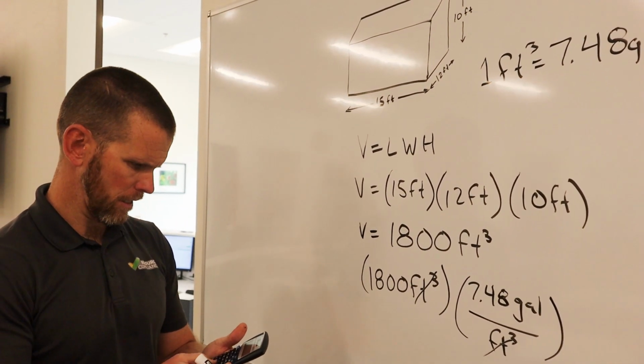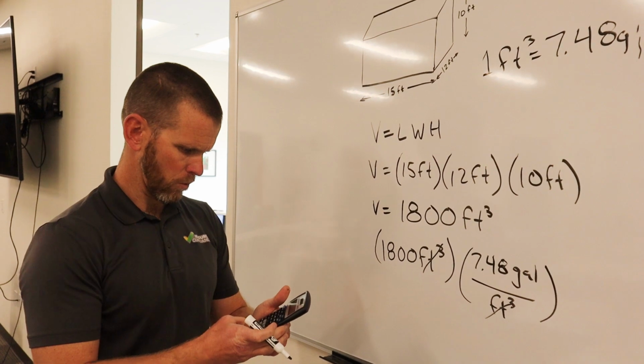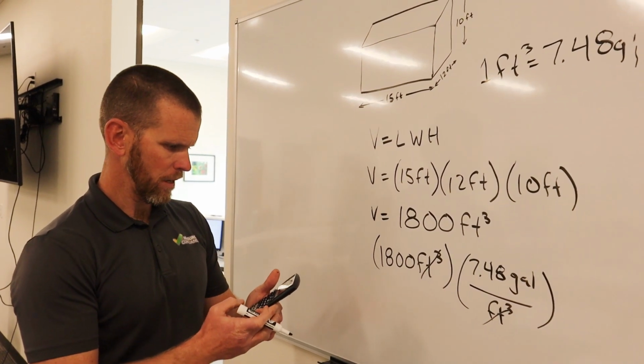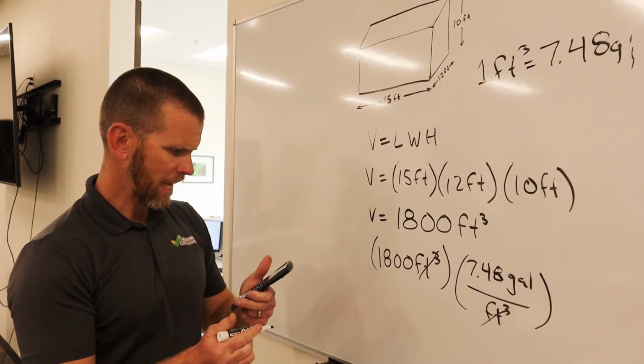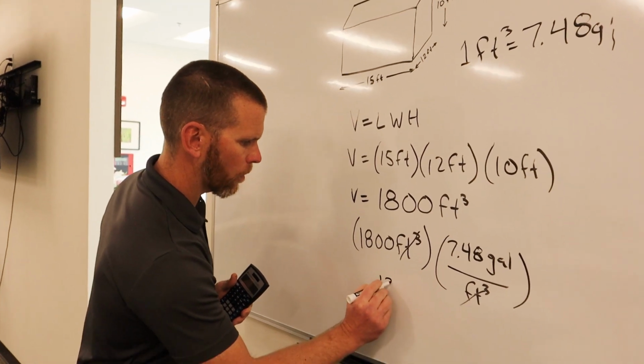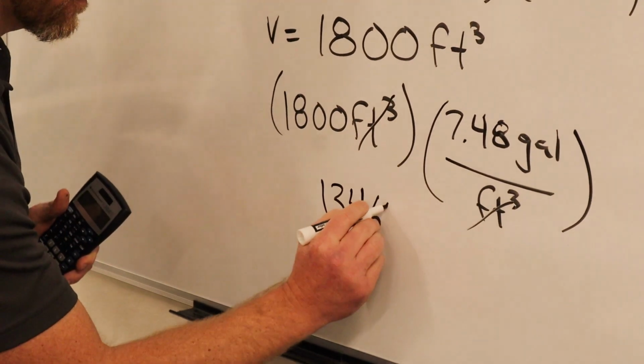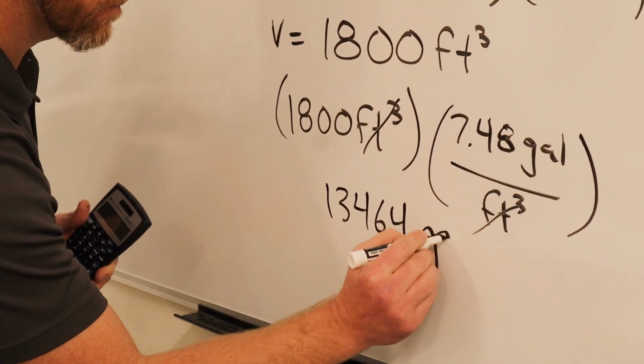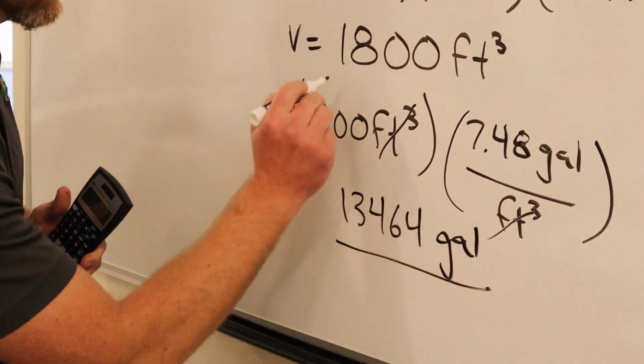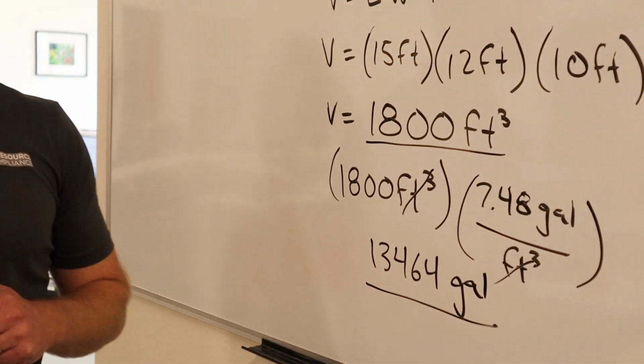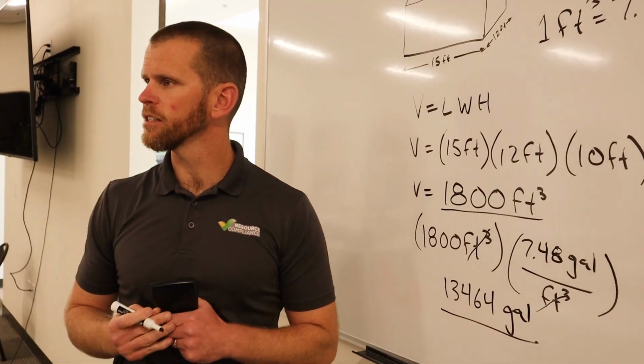And the answer is 1,800 times 7.48. That would be equivalent to 13,464 gallons. So this and this are equivalent volume measurements, just different units.